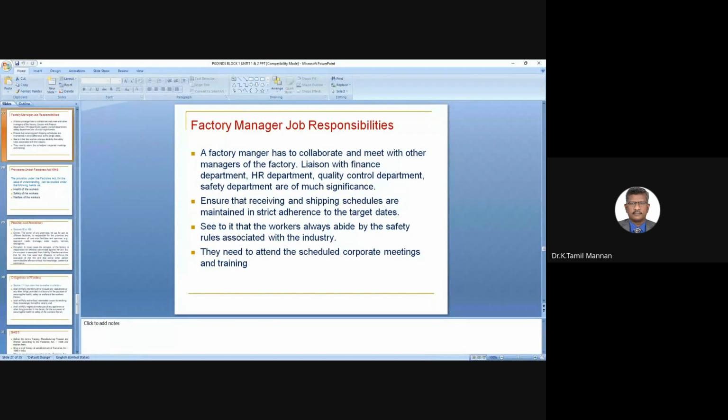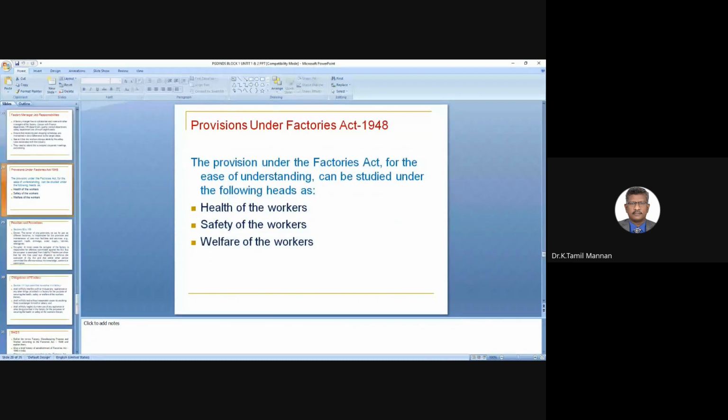Otherwise, it affects the profits and turnover. Workers should always obey and abide by the safety rules associated with the industry to avoid unavoidable circumstances. They need to attend the scheduled corporate meetings and trainings on time. Then only can they implement the safety precautions in the systems.